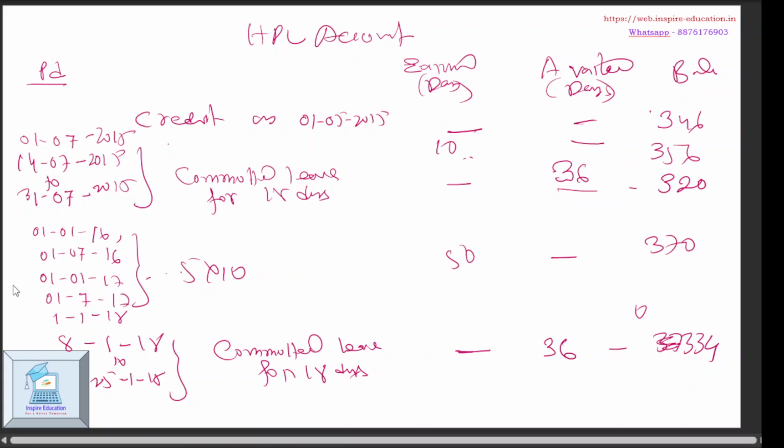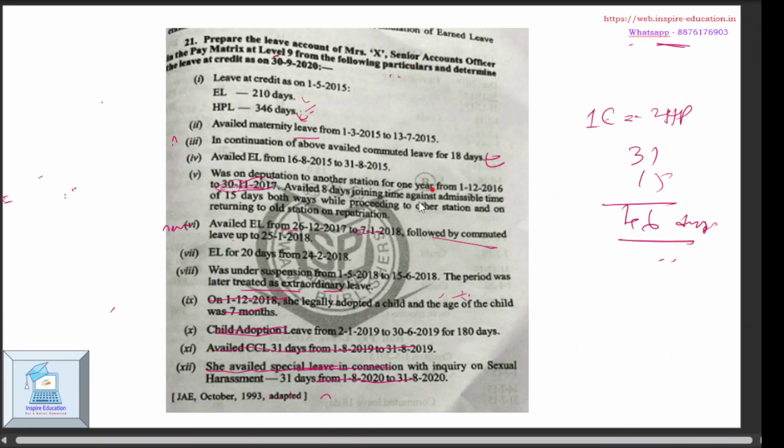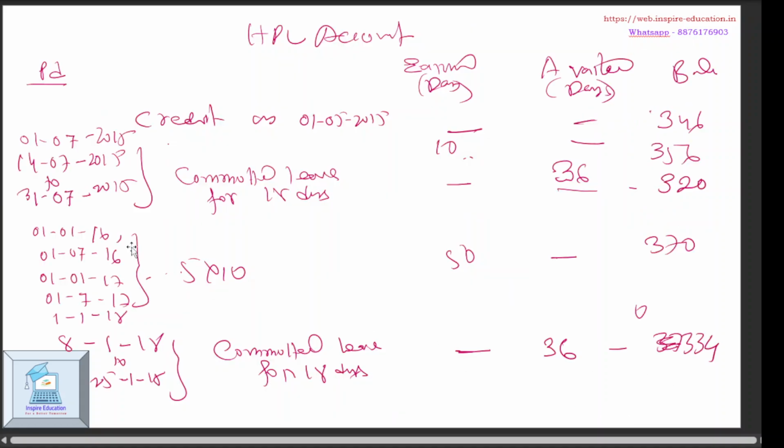Then let us see, is there any impact on HPL account. After that EOL was under suspension, so there is EOL, no effect on HPL, so there is no impact on HPL. So we have to calculate up to as on 30/9/2020. So there is a balance of 334 days.